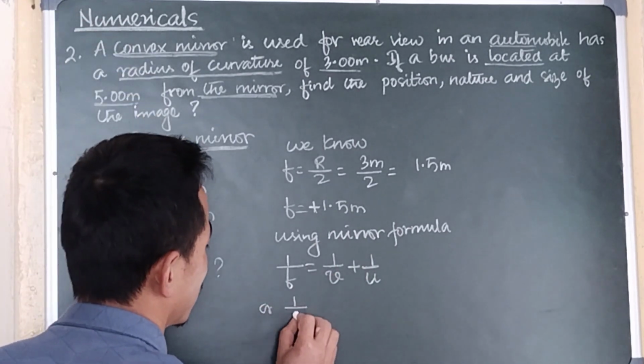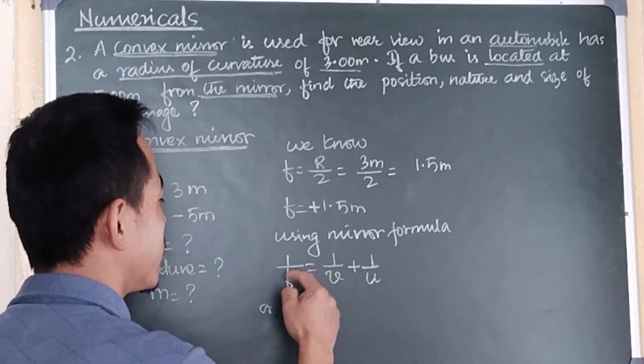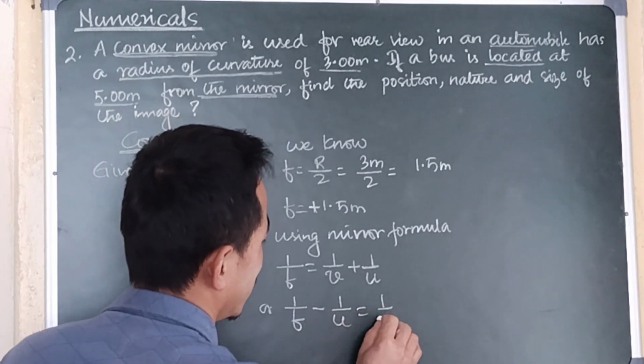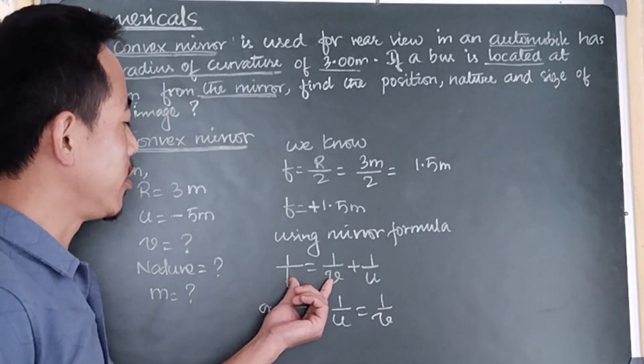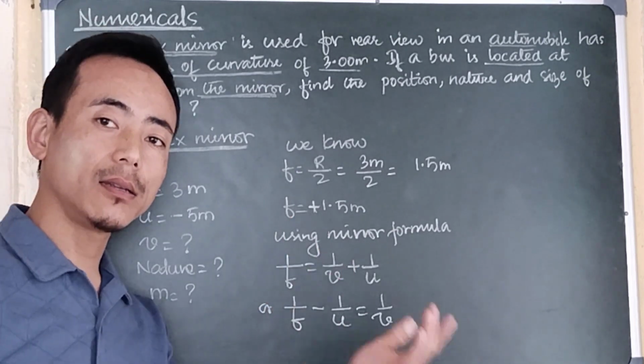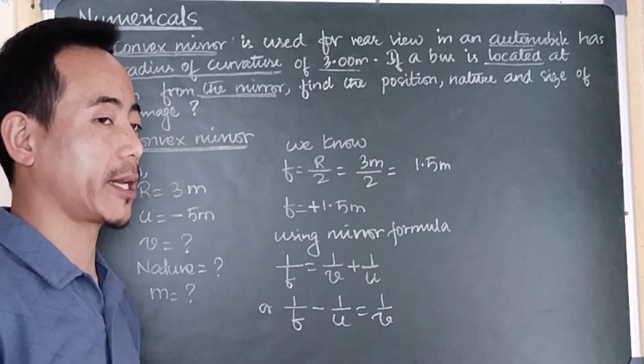So this becomes 1 by F, you bring plus to the left hand side, it becomes minus. So minus 1 by U is equals to 1 by V. Do not put the value here, it may confuse you. So first, please arrange the equation and then it becomes simple, put the value and do the calculation.